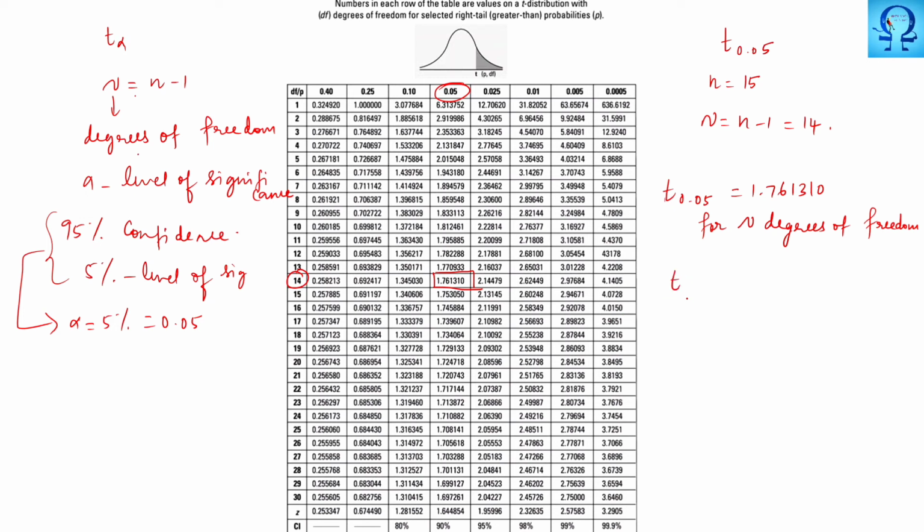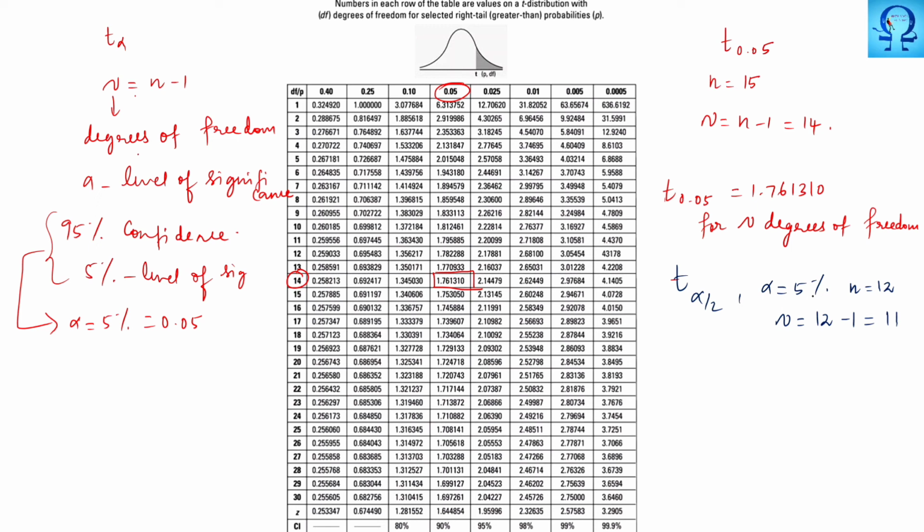Sometimes in a problem, we may need to find t of alpha upon 2, where alpha is the level of significance and nu is the degrees of freedom. In this case, your alpha is 5% and let us have n equal to 12, so nu is 11.